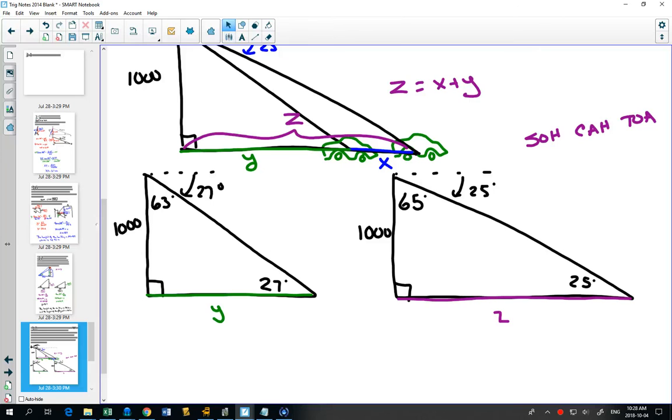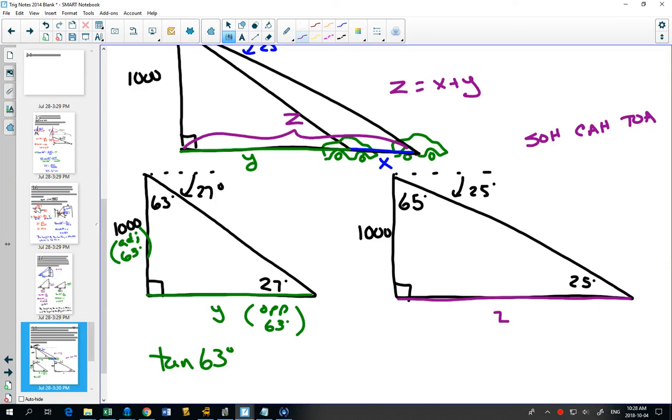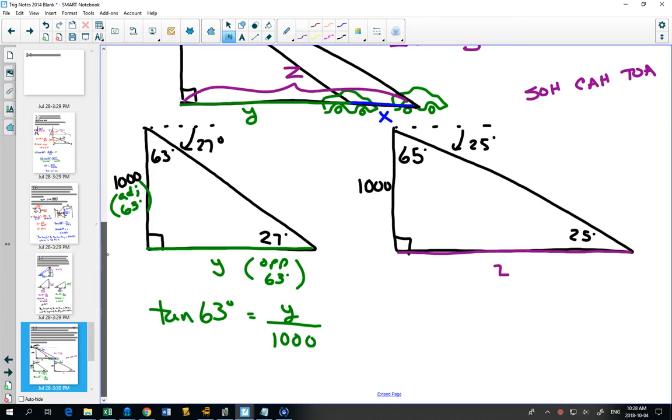So for the green one, I'm going to say tan of 63 degrees, because then my y is opposite of 63 degrees, and my 1,000 is adjacent to 63 degrees. And tan of 63 degrees is opposite, which is the one I don't know, y, over my adjacent, which is 1,000.